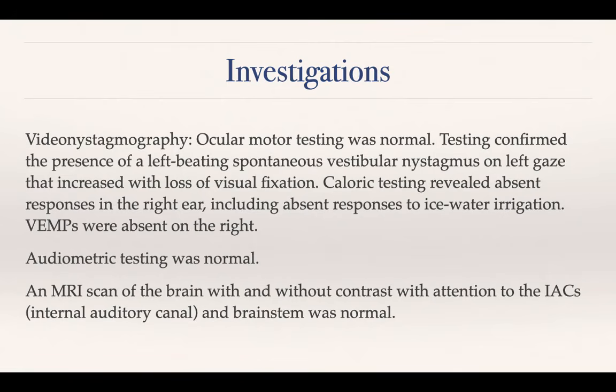It also confirms that that inner ear is non-responsive. If you are clinically suspecting a vestibular neuritis on the right ear and the patient starts showing a response on the right caloric, then you need to revisit the diagnosis. That is why caloric testing is very important in every patient with suspected vestibular neuritis.